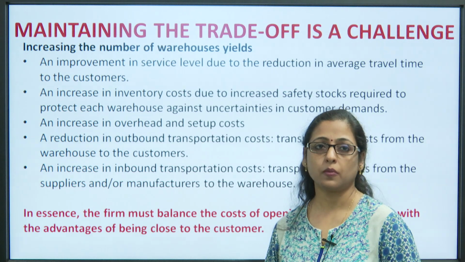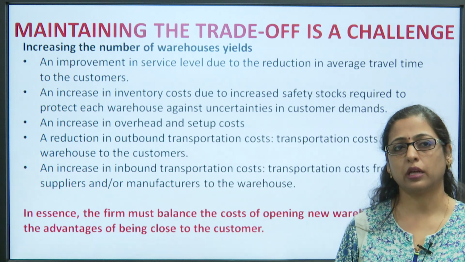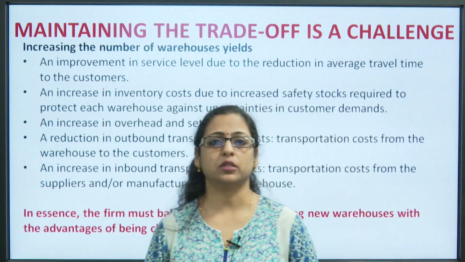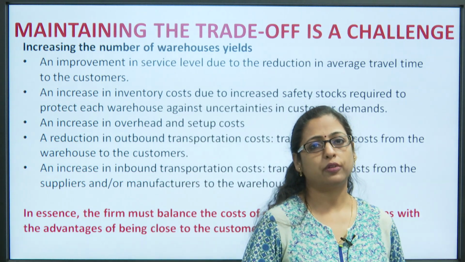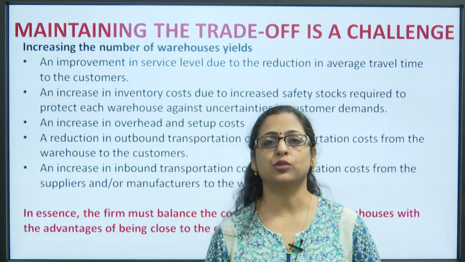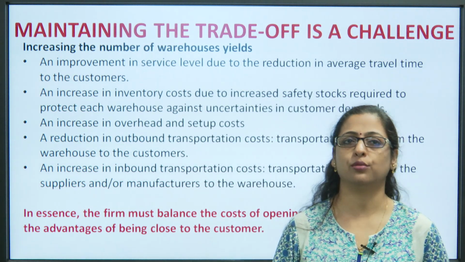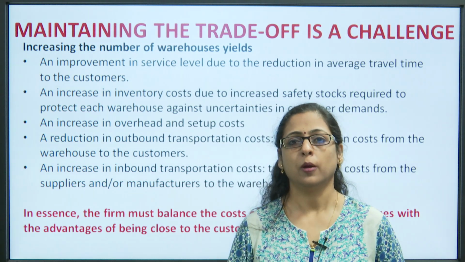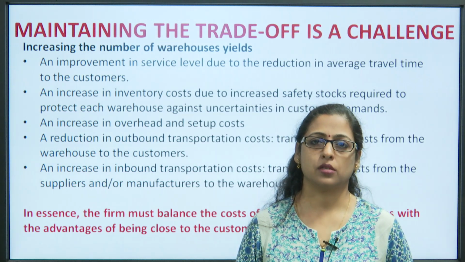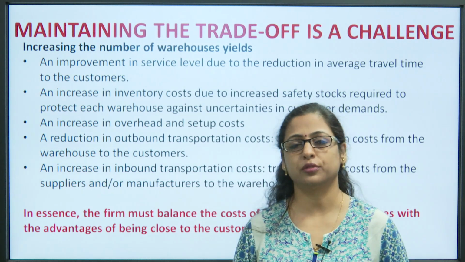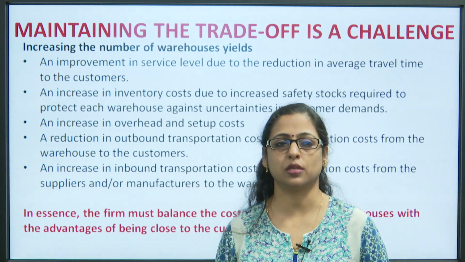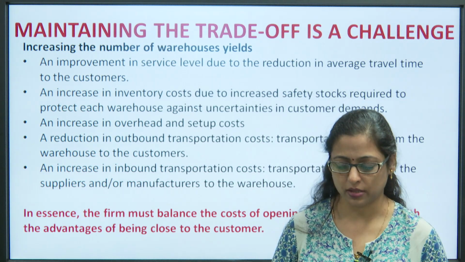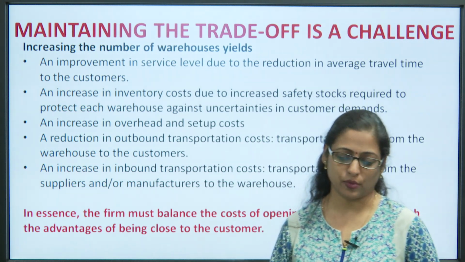And then there is an increase in inbound transportation cost, the transportation cost from the suppliers or manufacturers. If the warehouses are kept low, then the company will also be required to increase inbound transportation, because that will help them balance the cost of warehouses, improve their efficiencies and smoothen up the process as well.